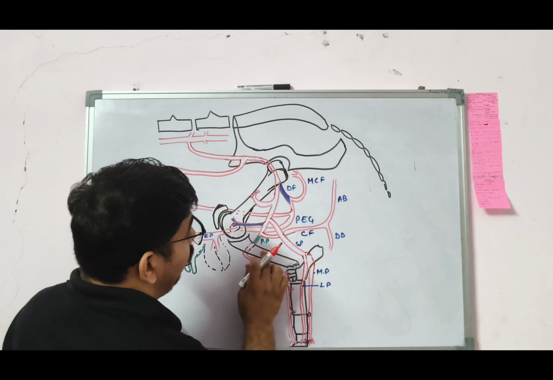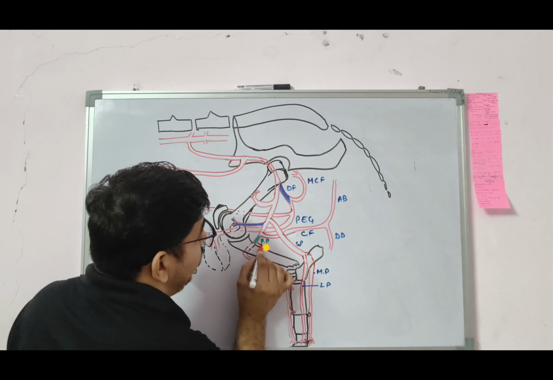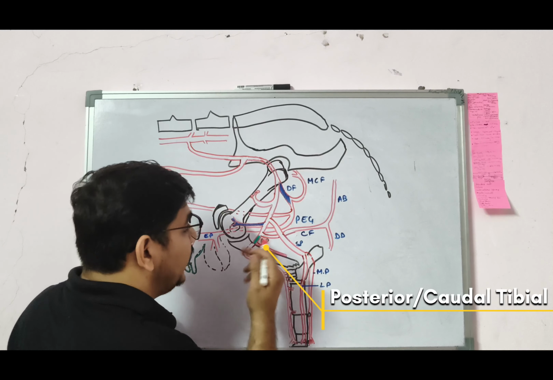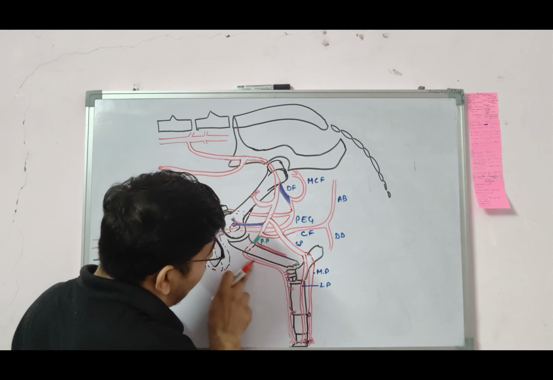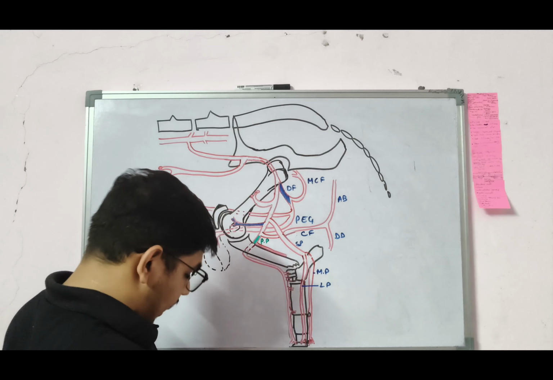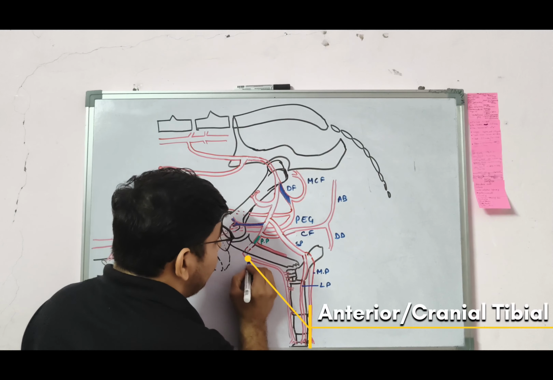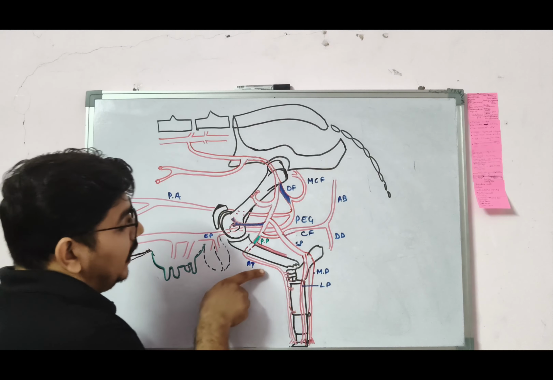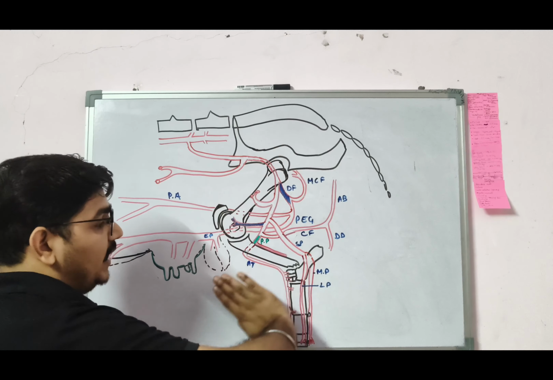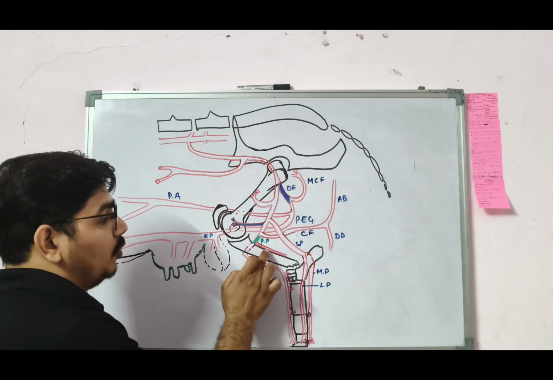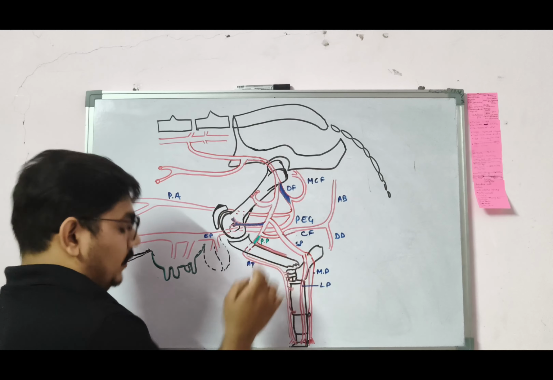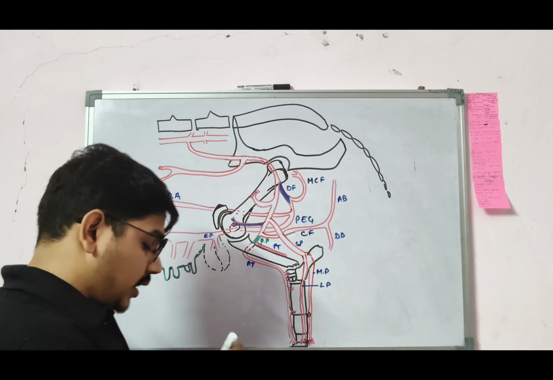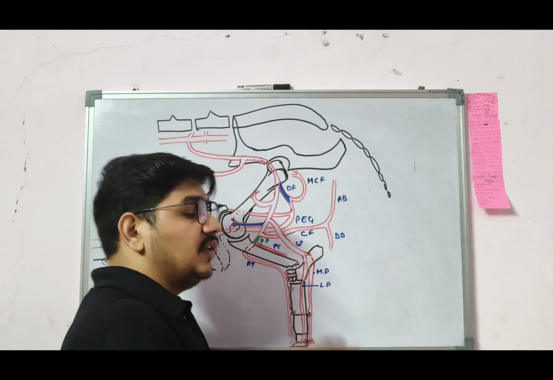One branch to the posterior aspect of the tibia is known as posterior tibial, and the other extends to the anterior part of the tibia, known as anterior tibial. The anterior tibial supplies the anterior part of the muscles, and the posterior tibial supplies the posterior aspect of the muscles.